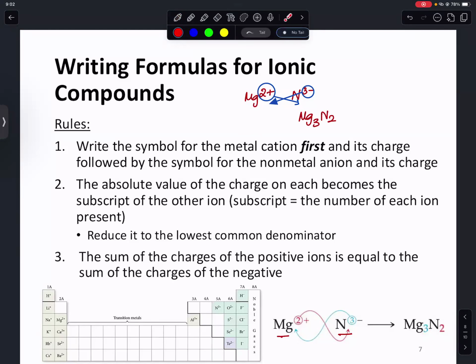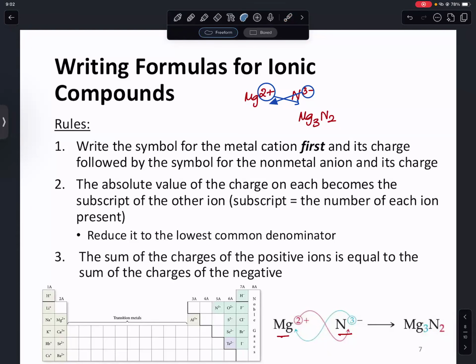This means that for every formula unit of Mg3N2, I have 3 Mg2 plus ions and 2 N3 minus ions. And this is what results in charge neutrality.